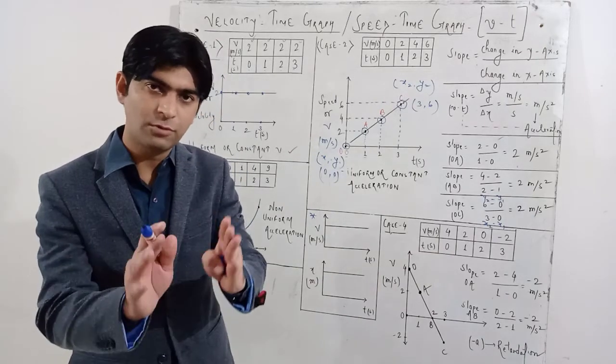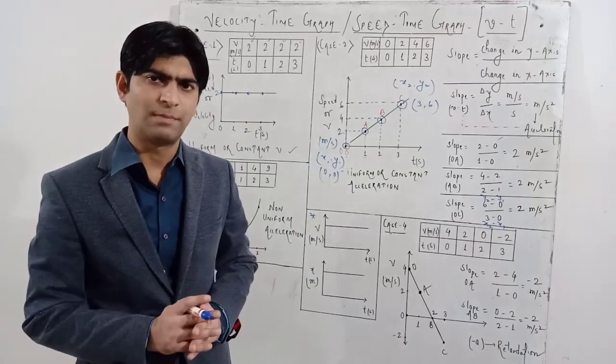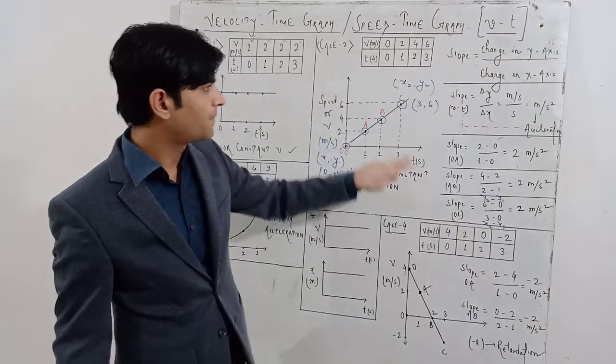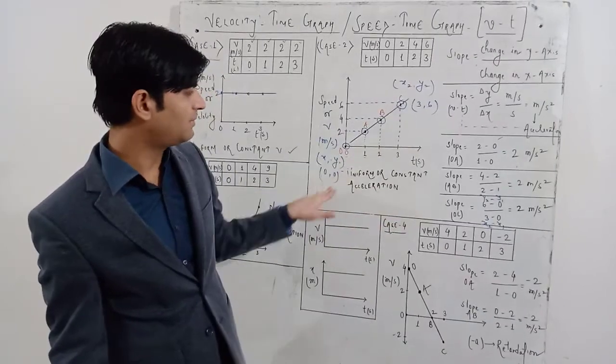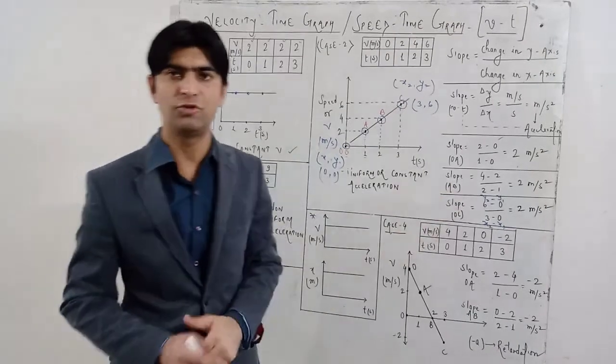But carefully you have to plot the coordinates. So if you see the slope here, y2 minus y1, that is 6 minus 0, upon 3 minus 0, x2 is 3 and x1 is 0. Again you are getting 2 meter per second square.